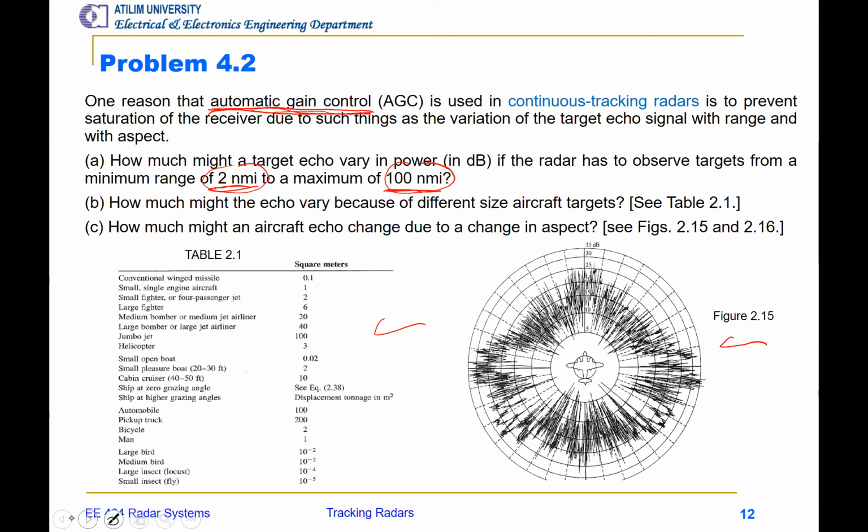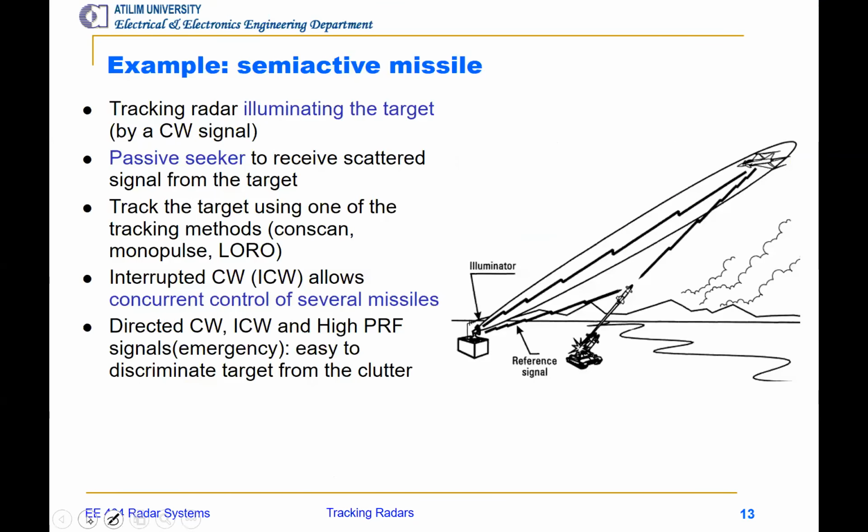Here we have another example. That's a semi-active missile. That's an example of, again, tracking radar. We have an illuminator. Here is the target, and here is the missile system. As you see, illuminator and missiles are not co-located. They're at different positions.